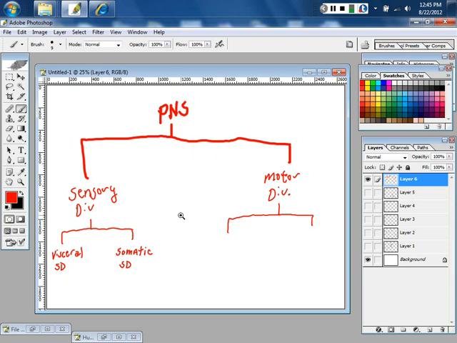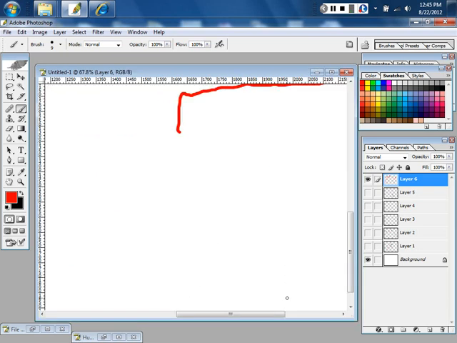So does anybody have any idea what this half of the motor division is going to be called? The one that tells the organs what to do. The visceral motor division, exactly. The visceral motor division.